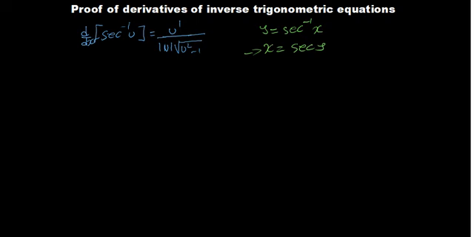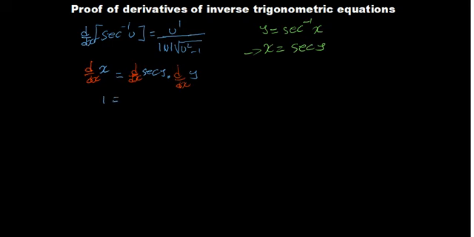Okay, so here we say d/dx of x equals d/dx of sec y, as well as d/dx of y itself. So what do we get? The derivative of x is 1.